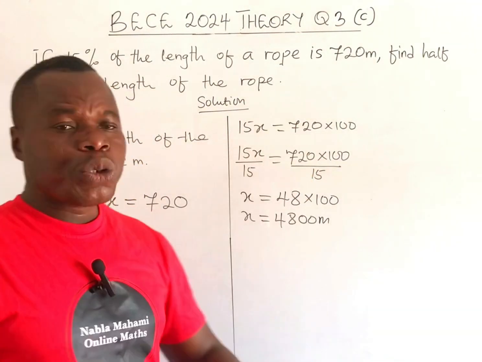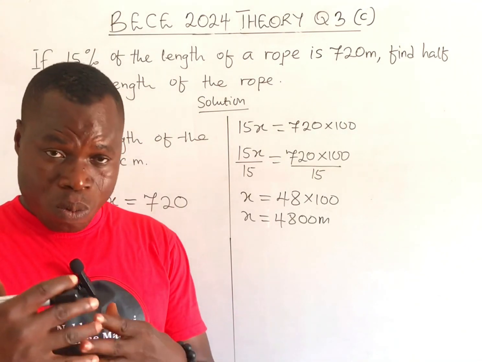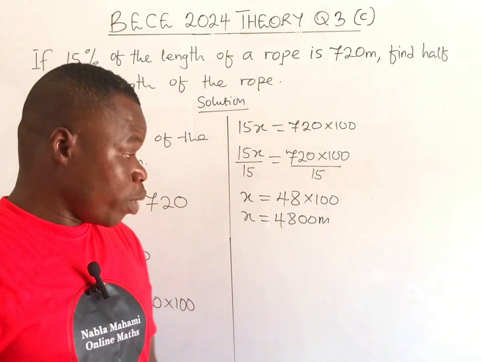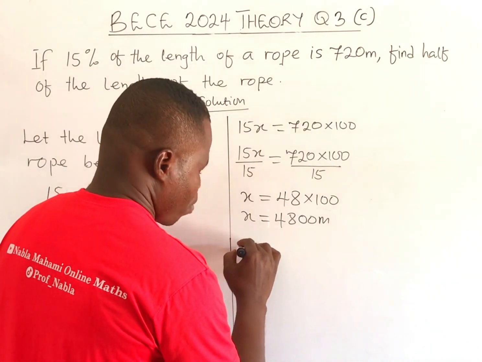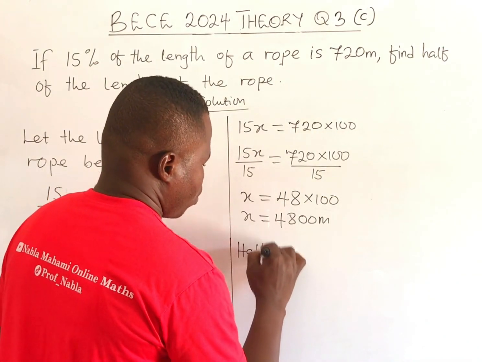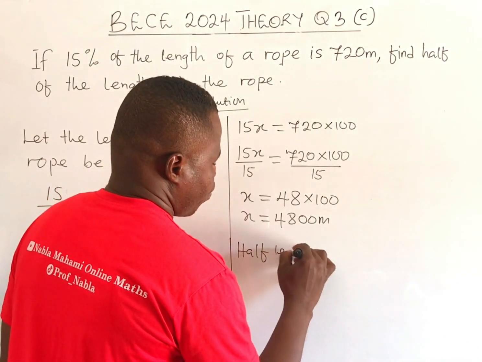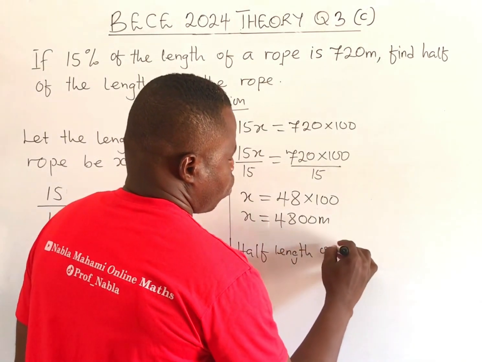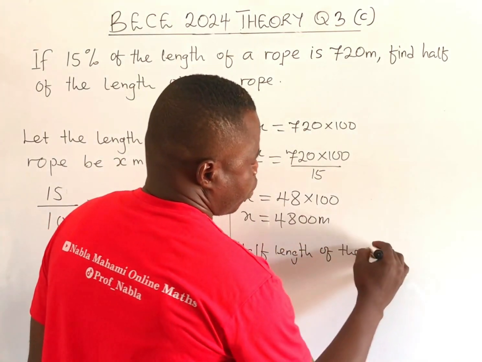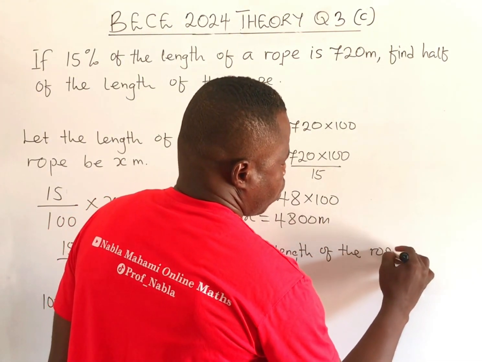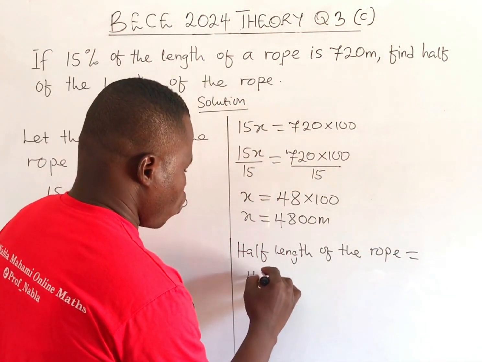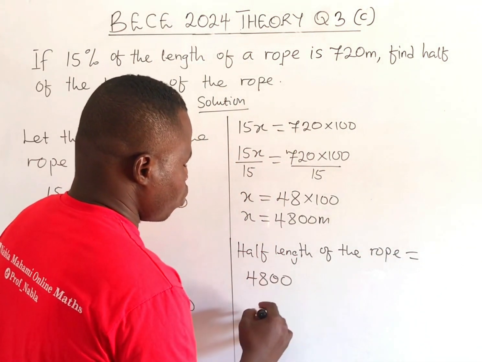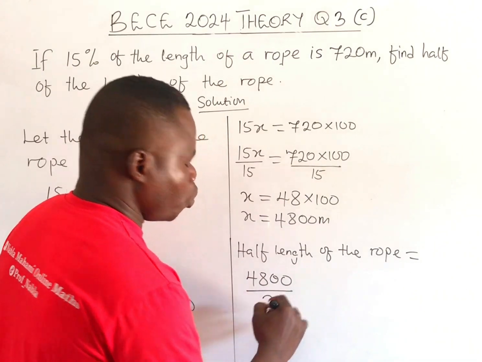But the question is saying that we should find half of the length of the rope. So half of the length of the rope will now be equal to, we'll take 4,800 and divide by 2.